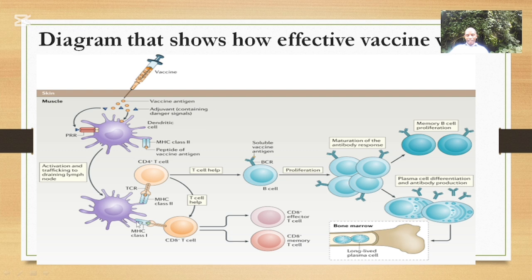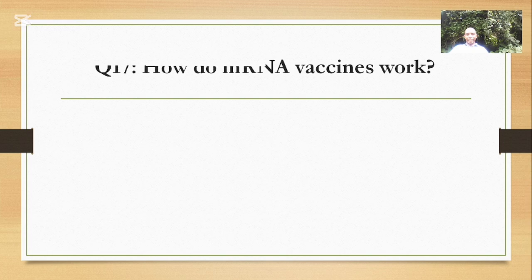When it is an endogenous antigen, the CD8 will allow the differentiation into memory T cells and cytotoxic T cells to fight or to eliminate those cells which are abnormal. I think this is what I can say about the effectiveness of vaccine.